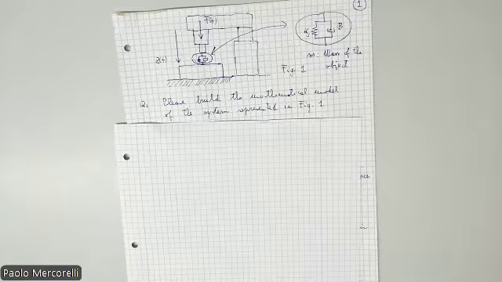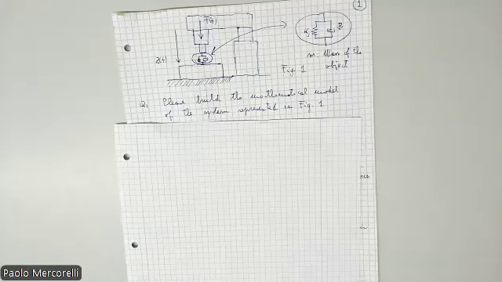The degrees of freedom also characterize the number of states. About the states, I told you a lot in dynamical systems. Each degree of freedom is characterized by two states.